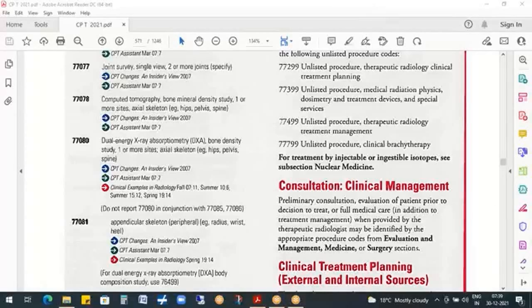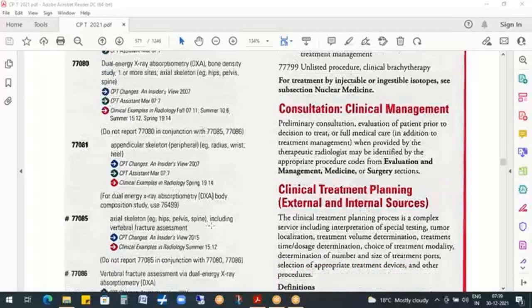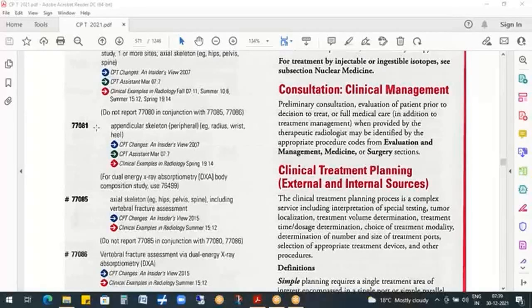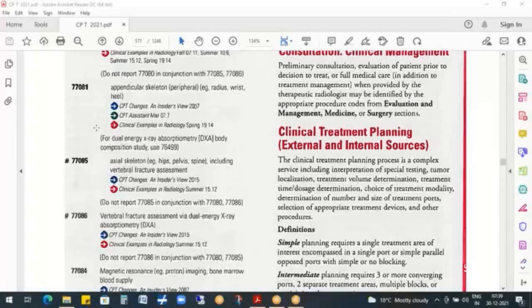Hi Mohan. Why is there a hash in front of these two codes, 77085 and 77086? After 77081, what is the next code you need to get in numerical sequence order? 77082 should come.